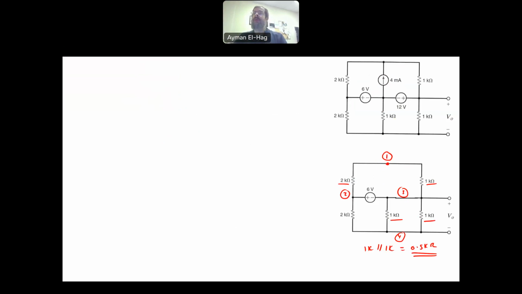You can do that also using a formula: 1K times 1K divided by 1K plus 1K. So let me redraw the circuit now after adding these two resistors in series and these two in parallel. We will have a 3 kilo ohm resistance between node number 2 and node number 3.